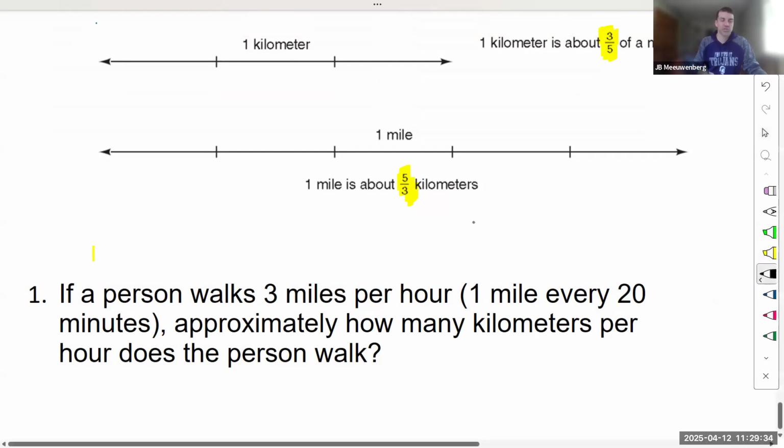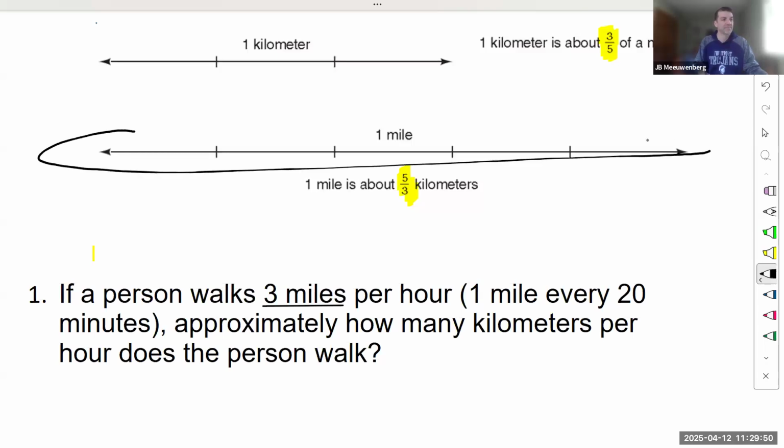When we talked about doing conversions earlier, I recommended drawing the picture. We have it already up here. And so a person is walking 3 miles per hour. And so we want to know how many kilometers that is. Well, 3 miles would be 3 of these, right? 3 of those. And every mile is 5/3 kilometers.